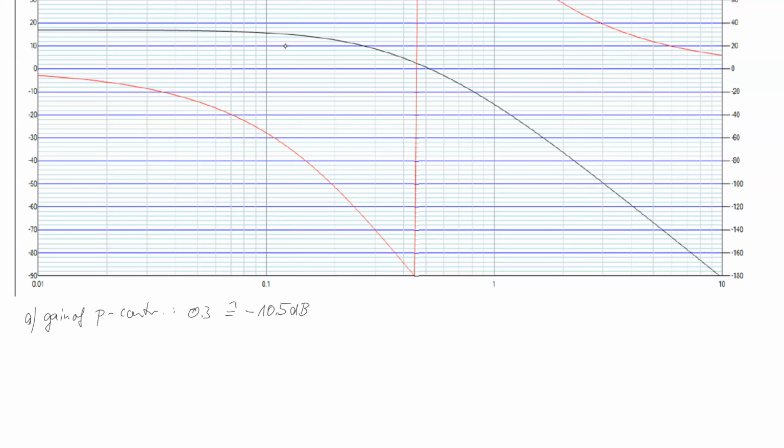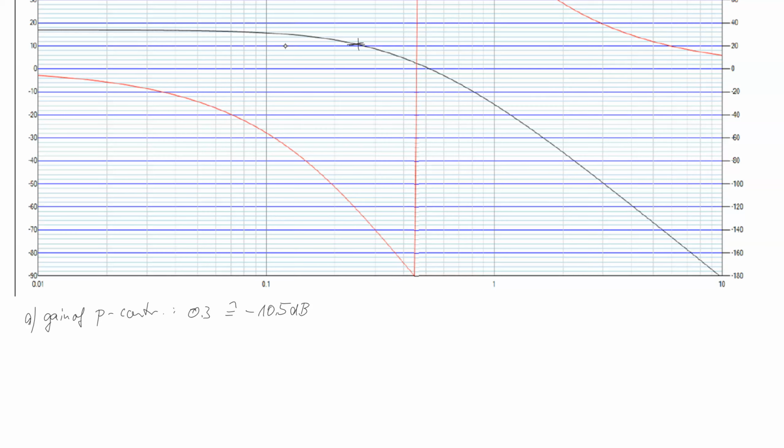We can, in the same way, shift the scaling up by 10.5 dB. So the new 0 dB line is 10.5 dB higher than the old 0 dB line. So the cross point with the magnitude curve at 10.5 dB, this cross point here, is there.